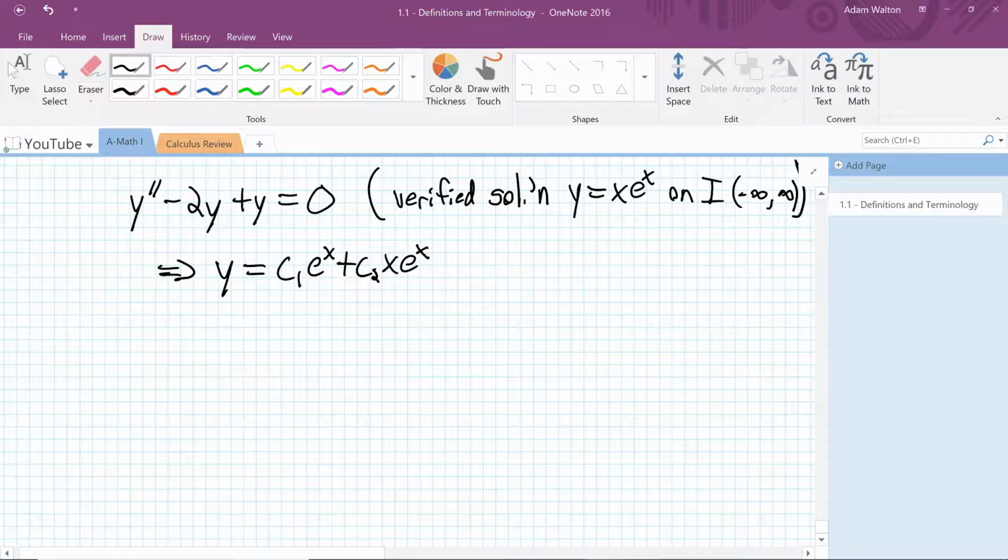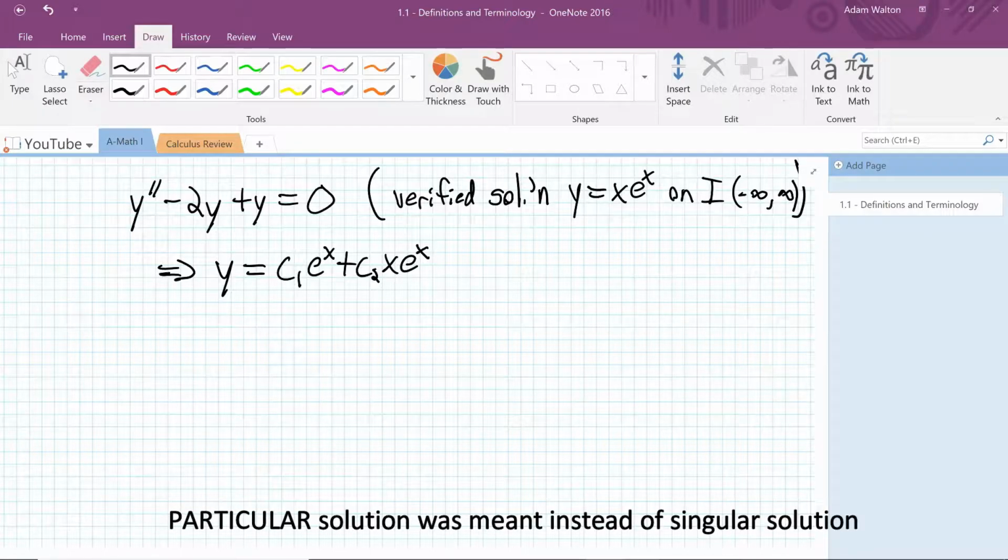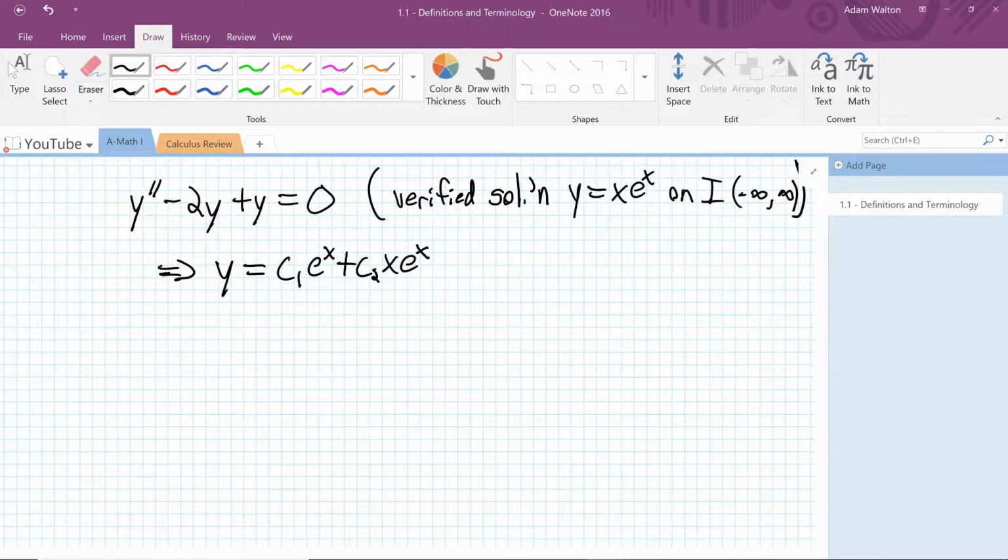If we look at this, we have our x e^x, which was a verified solution. y = x e^x is in fact a solution and didn't have any c in front of it, so we can consider it a particular solution. But this equation is not just a singular solution. It represents the entire family of solutions for this.